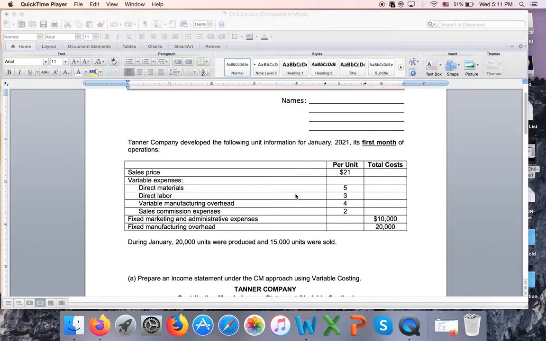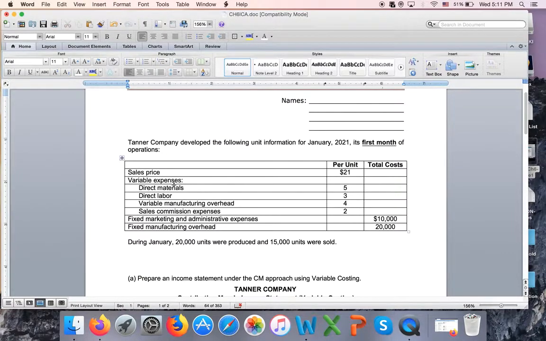So guys, look at the information. We've got variable expenses. These right here are your manufacturing costs: direct materials, direct labor, and variable overhead. Together it's $12, plus there is the fixed manufacturing overhead, $20,000.